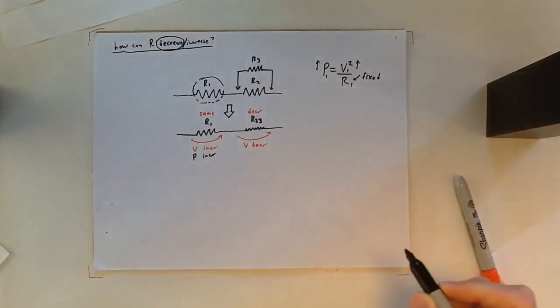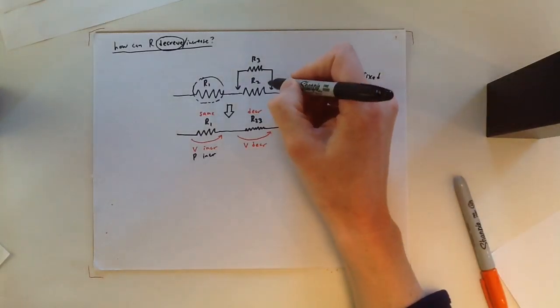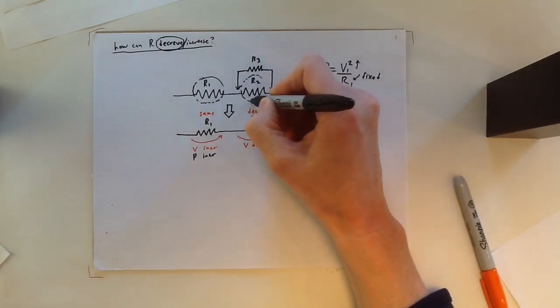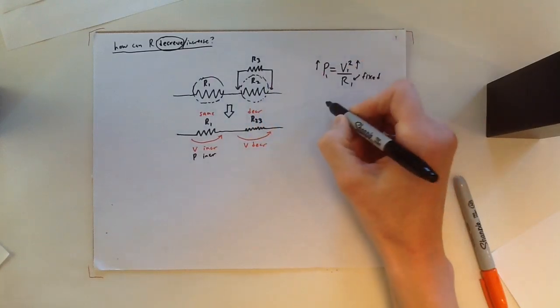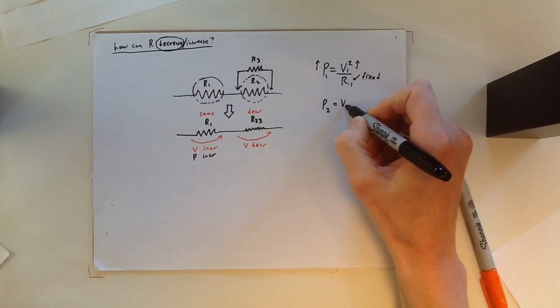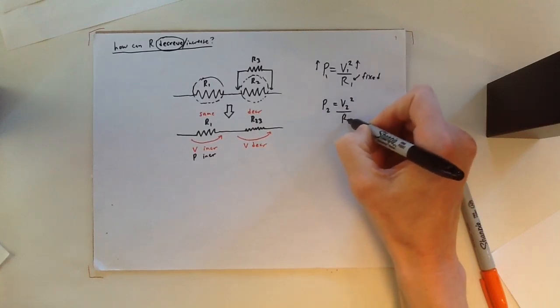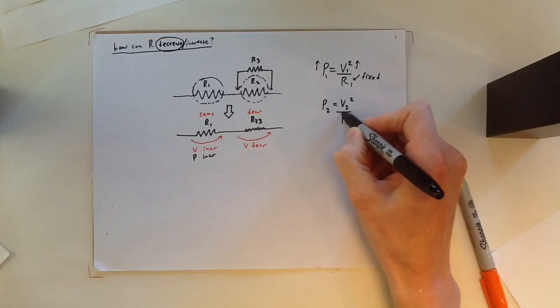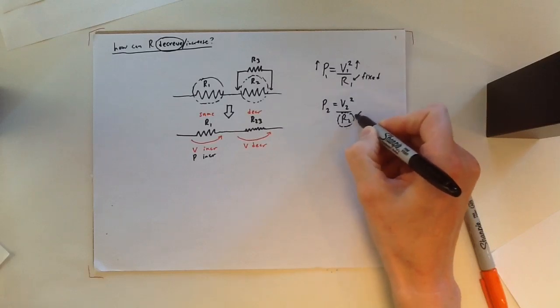Okay? And let's take a look at resistor 2. For resistor 2 alone, we can apply this equation as well. So we'll apply this equation to resistor 2. Resistor 2 itself, of course, is still fixed.